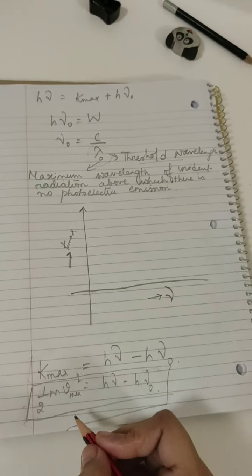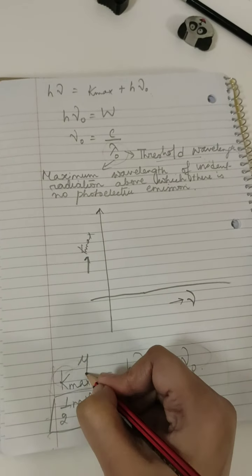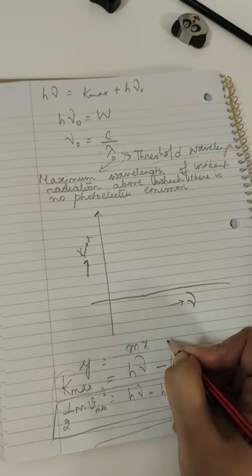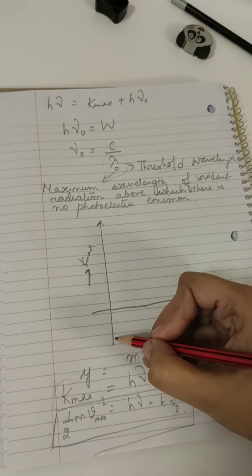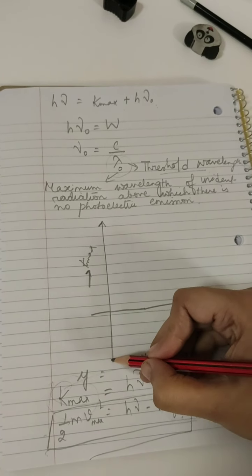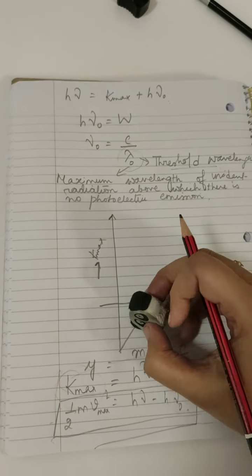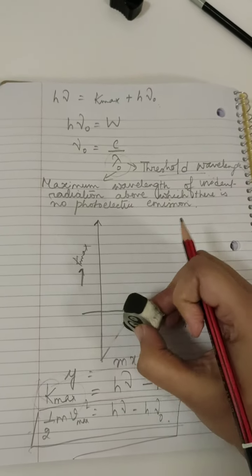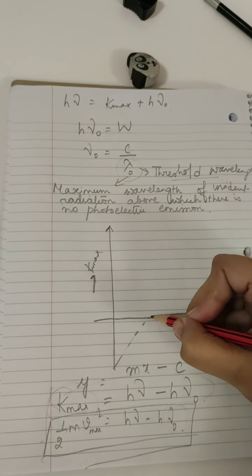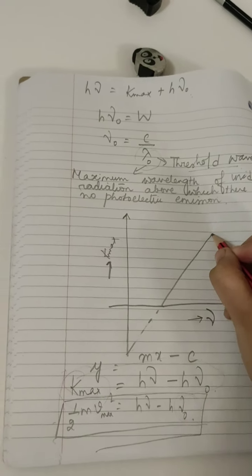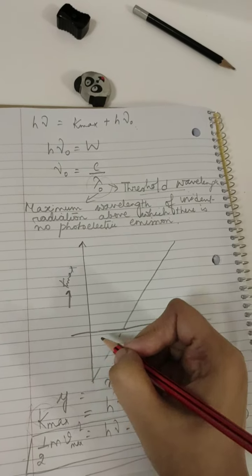Now if you have to plot a graph, then this equation looks like y equal to mx minus c. So a negative intercept, and it is something like this. Sorry, this will be dotted. This is just extended, and from here it will be a straight line, with a negative intercept.